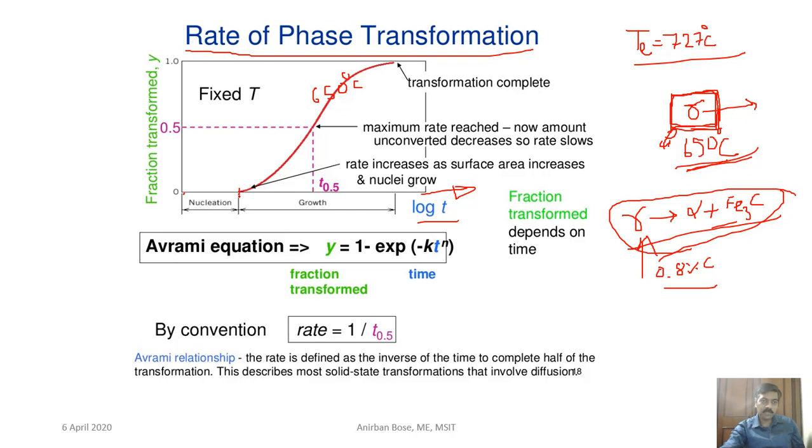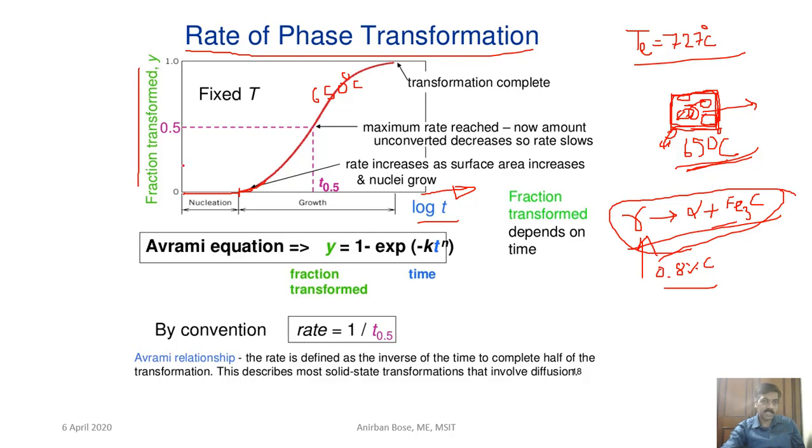Up to a certain time it will take for the nucleation process, and after that the growth will start, and gradually you will find a portion converted into pearlite. Gradually that portion will increase, and ultimately the whole thing will become pearlite. On the y-axis we note the fractional transformation.